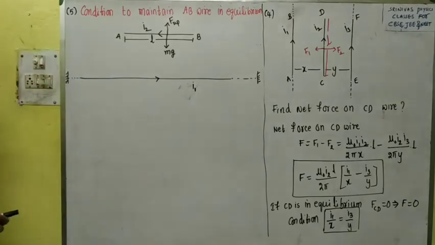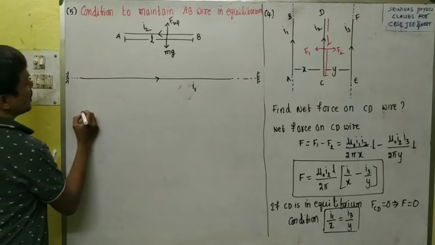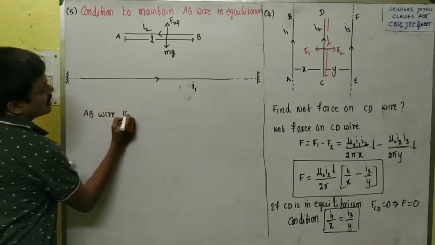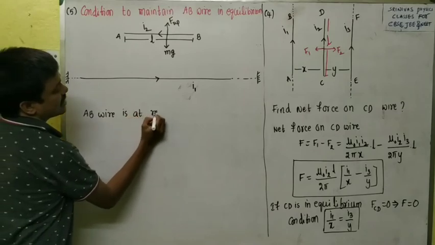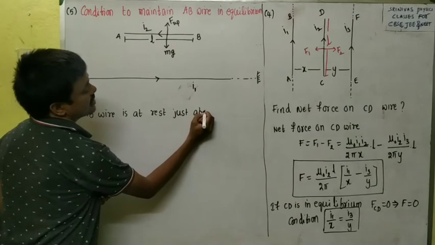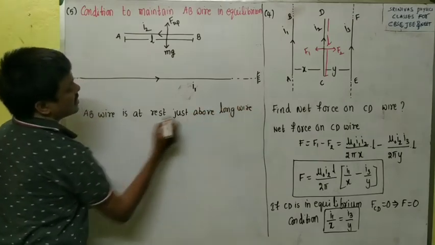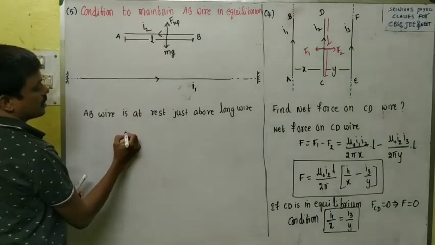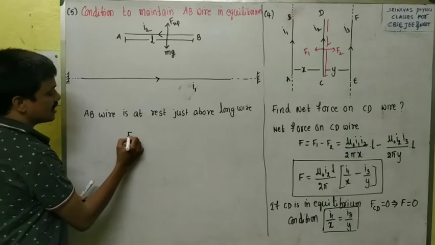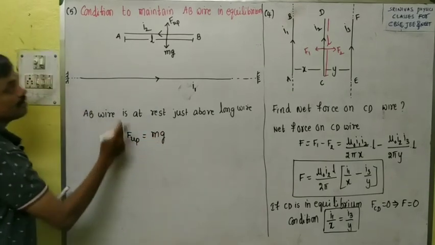Equilibrium means rest. Rest means under the forces it is at rest. AB wire is at rest just above the long wire. Then the repulsion force, since these two carry current in opposite directions, they will repel each other. That means the upward force is equal to the weight of this wire.